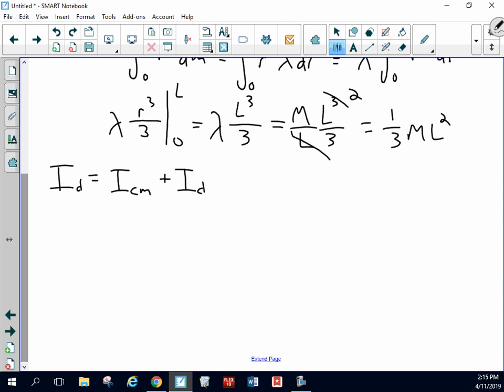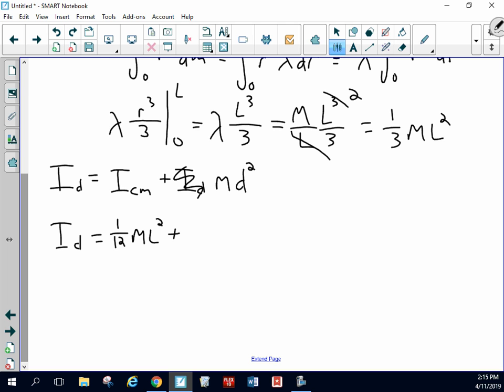Okay, so we're going to say the rod about its center, we found a video ago, is 1/12 mL squared plus, oops, this should actually be m times distance squared.